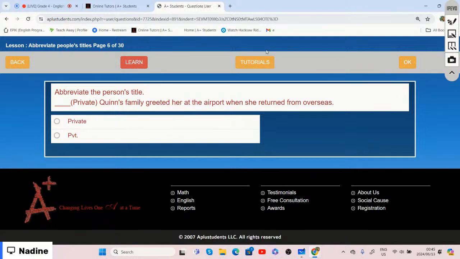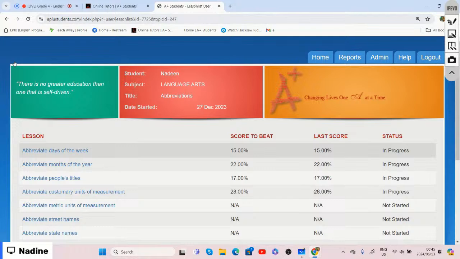Right? All right, so this is now the end of our lesson on abbreviations. We see that we abbreviate words, and abbreviations are shortened versions of a specific word. We abbreviated the days of the week, months of the year, as well as titles.